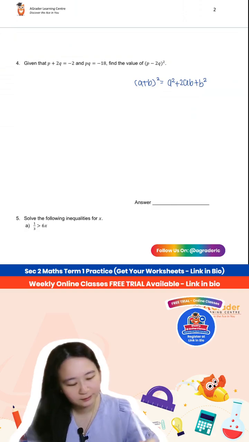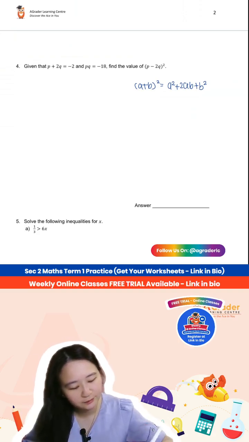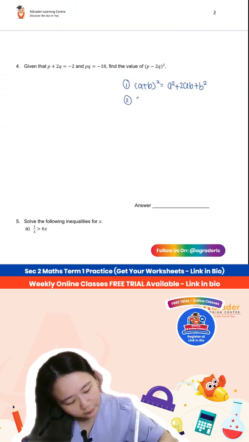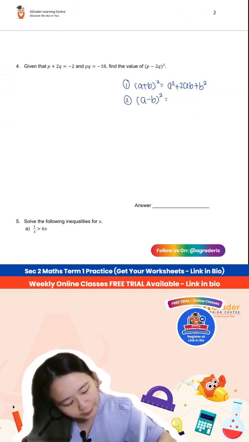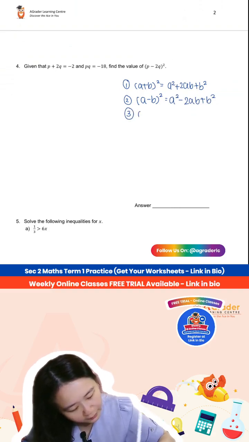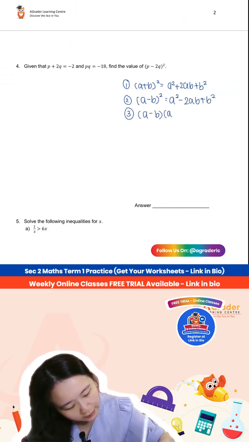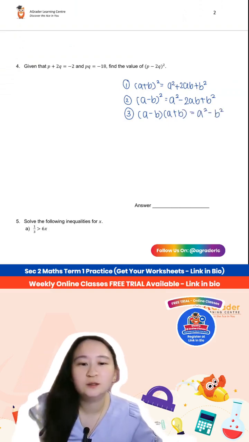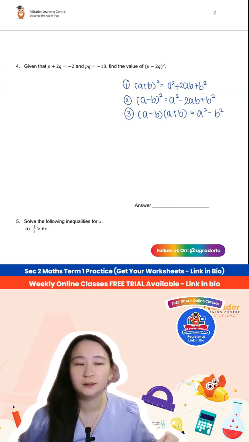Okay, so this is the first one. The second one is a minus b, the whole thing squared, equals a squared minus 2ab plus b squared. The third one, a minus b times a plus b equals a squared minus b squared. So these are the three that you need to remember.